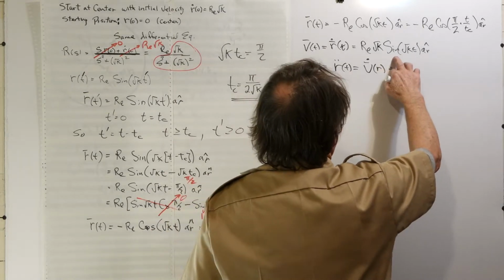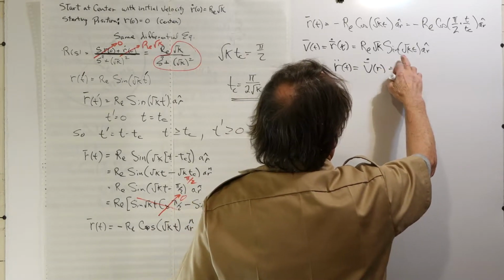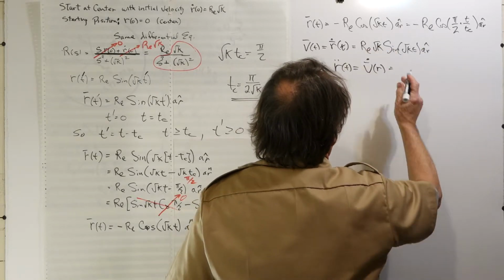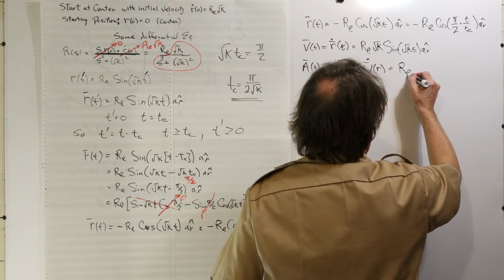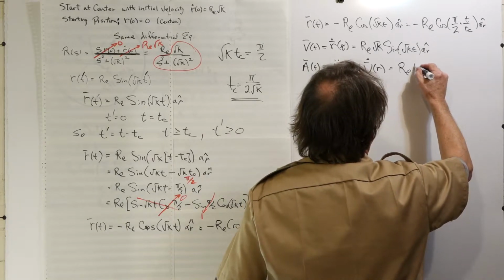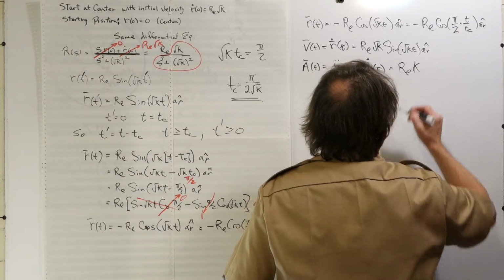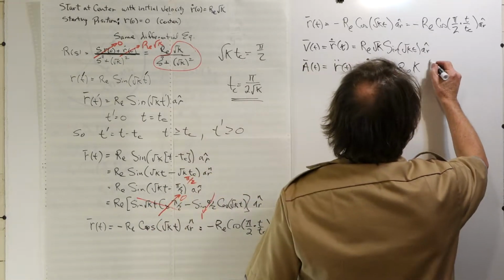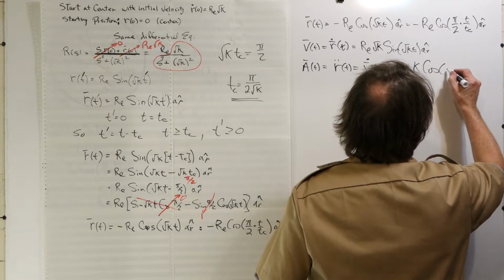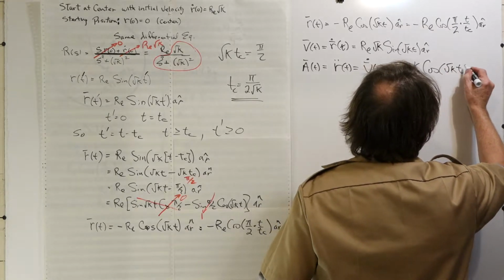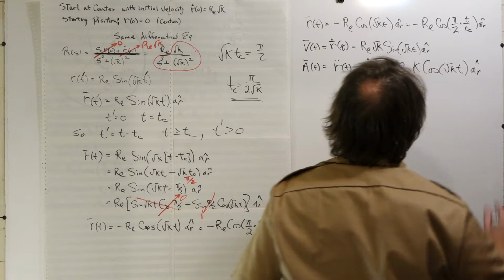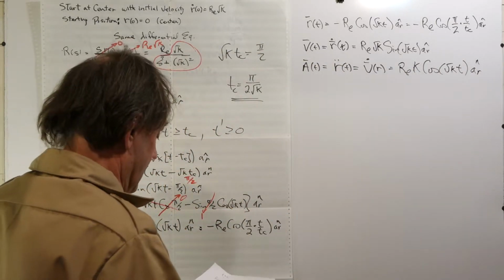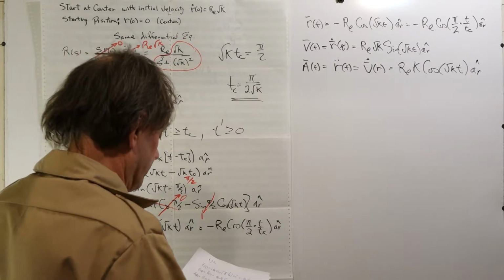When we do that, sine is a positive cosine, and the derivative of the argument gives us a square root of k out in front, so we end up with the radius of the Earth, I'm thinking in terms of complex variables here, times the cosine of square root of k t in the a_r direction. So those are our three vectors: position, velocity, and acceleration.